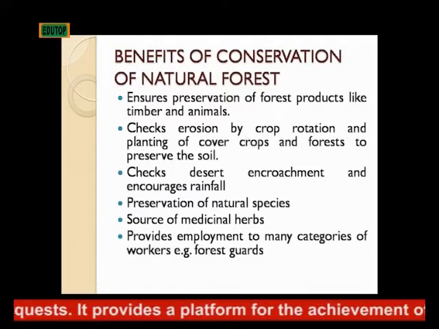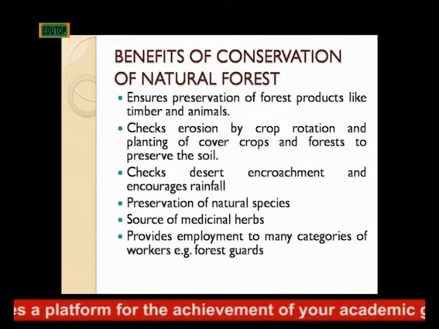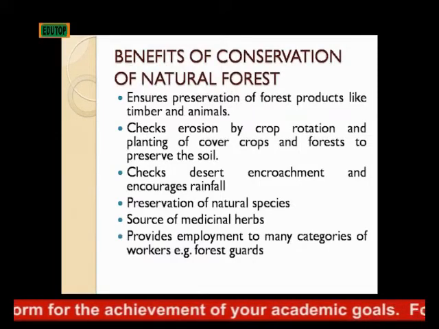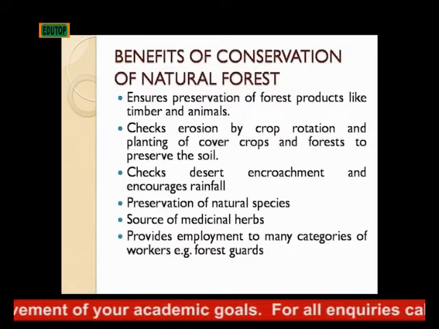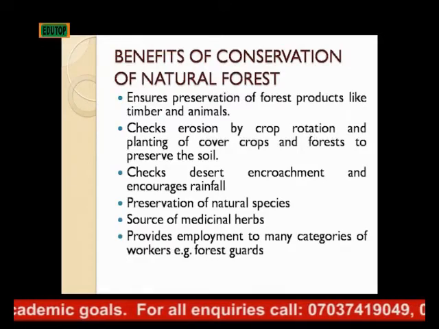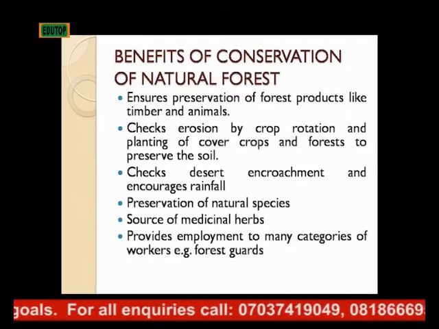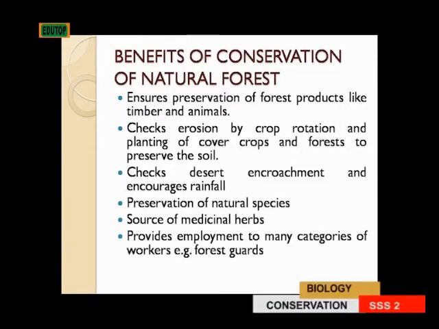You don't just farm and farm on the soil, taking up the nutrients without replenishing it. So conservation of natural forests puts in place checks to prevent erosion by crop rotation and planting of cover crops to preserve the soil.